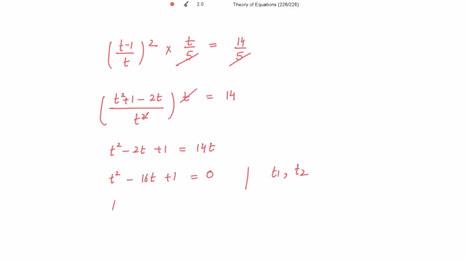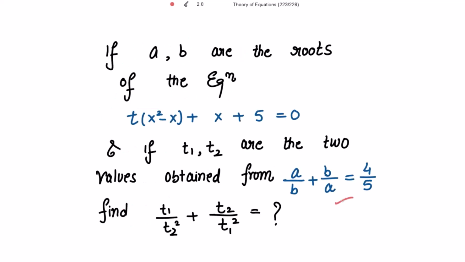So from here we are getting the sum of the roots as 16 and the product of the roots as 1, right? So from this relation we have got two roots t1 and t2, and now we put the values of t1 and t2 here to get the required value.